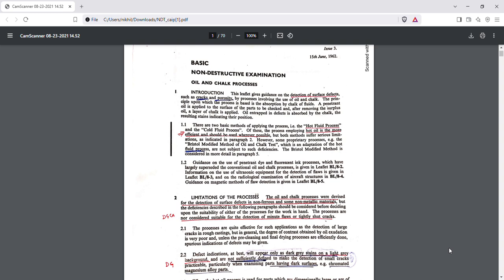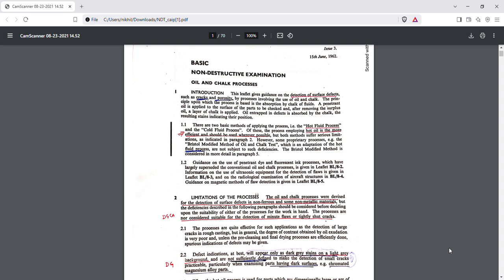1.1, there are two basic methods of applying the process. First is the hot fluid process and second is the cold fluid process. Of these, the process employing hot oil is the more efficient and should be used whenever possible, but both methods suffer serious limitations as indicated in paragraph 2.